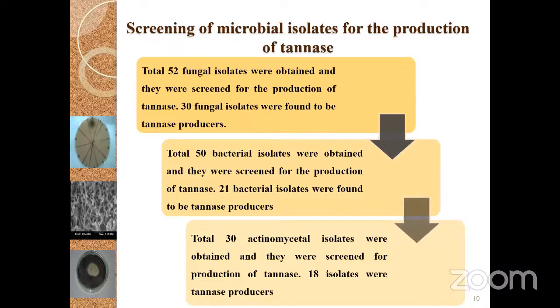A total of 52 fungal isolates were obtained, and amongst those 52, 30 fungal isolates were found to be tannase producers. Then 50 different bacterial isolates were obtained, and out of 50, 21 bacterial isolates were found to be tannase producers. In the case of actinomycetes, 30 different actinomycetal isolates were obtained, and amongst those 30, 18 isolates were tannase producers.